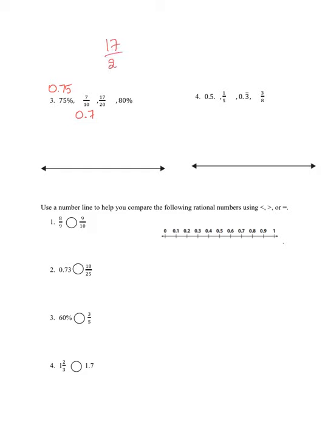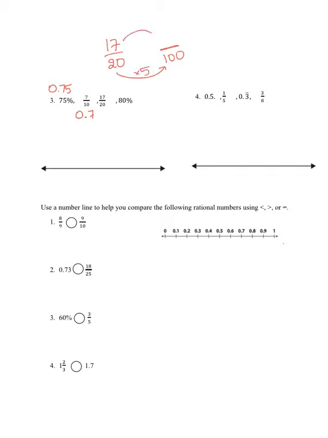17 out of 20. Okay, you know that percent means out of 100. So if I have 100, it will be easier for me to convert to a decimal. So how many times does 20 go into 100? 5.